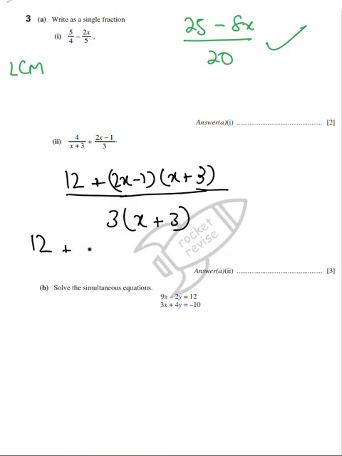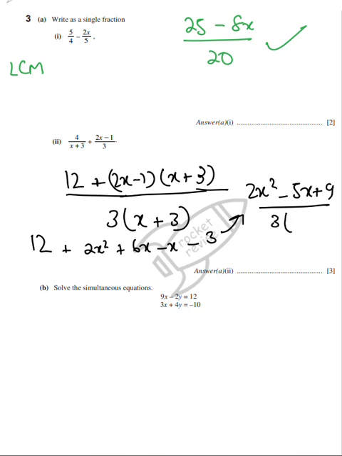This becomes 12 plus 2x squared plus 6x minus x minus 3, which is 2x squared plus 5x plus 9 over the denominators. It's better not to expand the denominators, just leave them as they are. Multiplication, right? Good. So this will give you 3 out of 3 marks.